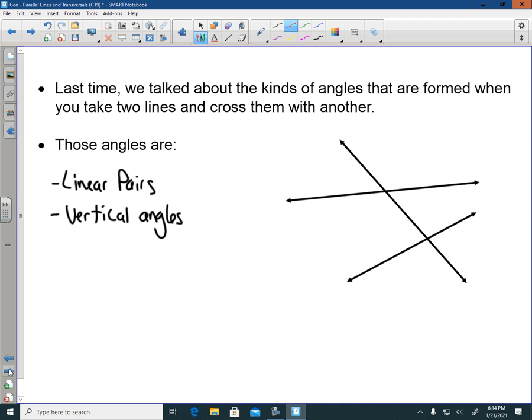We know that linear pairs are supplementary, and we know that vertical angles are congruent. The vertical angles postulate says all vertical angles are congruent, and the linear pair postulate says all linear pairs are supplementary. Now, this is something that we already know about the types of angles that you're going to find in a figure like I have here on the right.